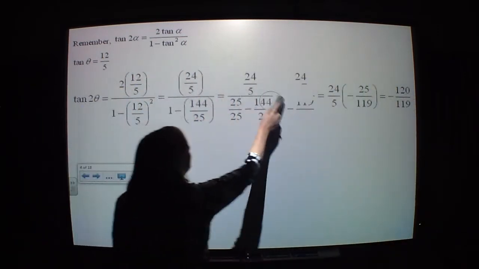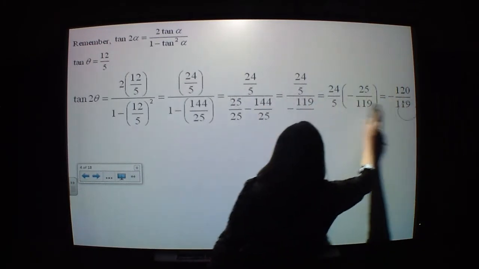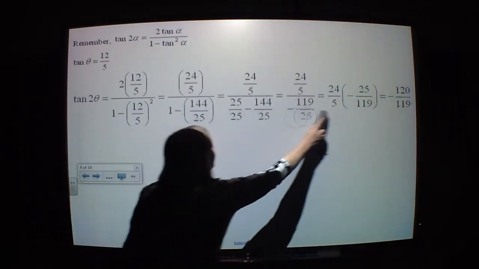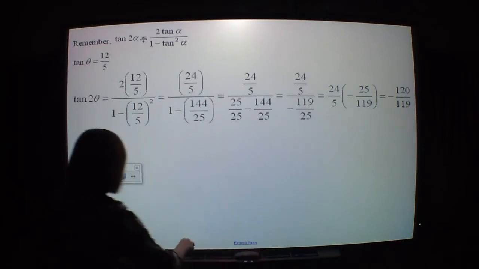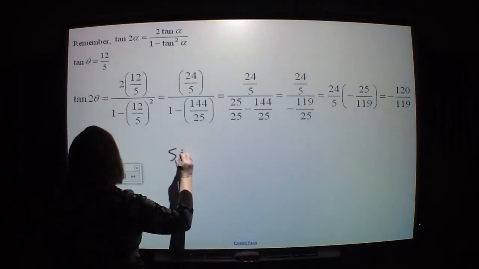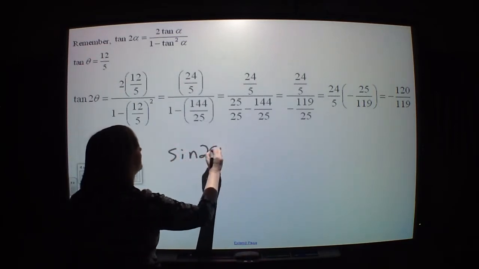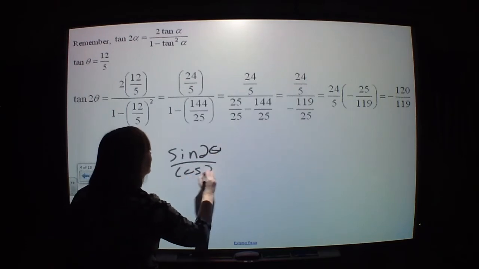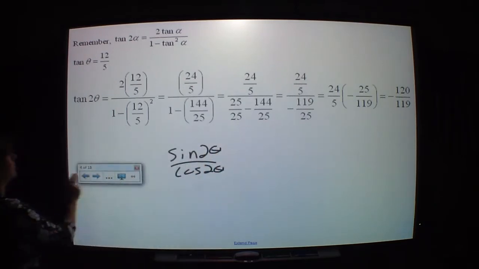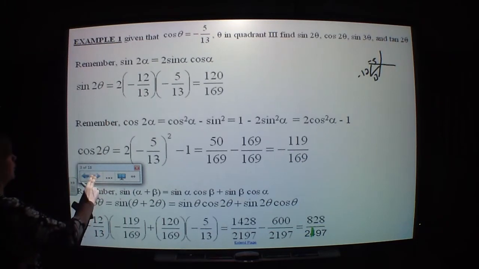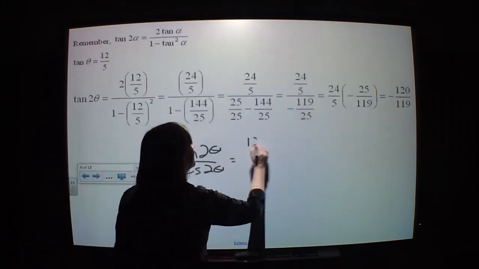This is a long way to do it. And the short way to do it is remember that the sine of 2 theta over the cosine of 2 theta is tangent of 2 theta. Sine is 120 over 169.